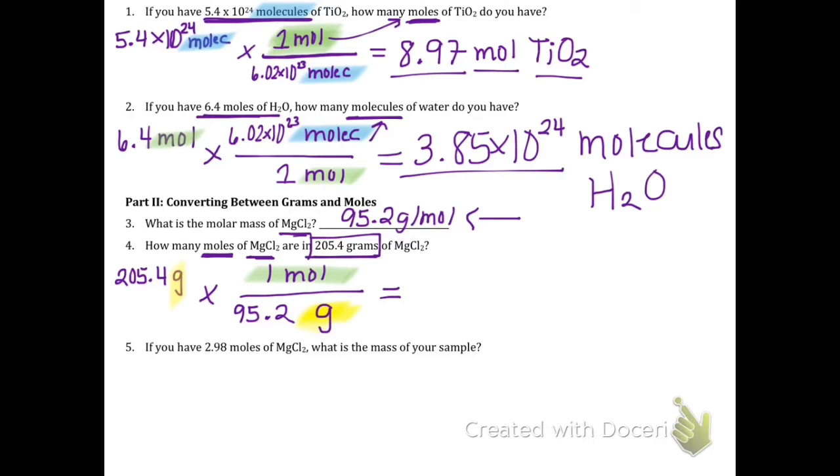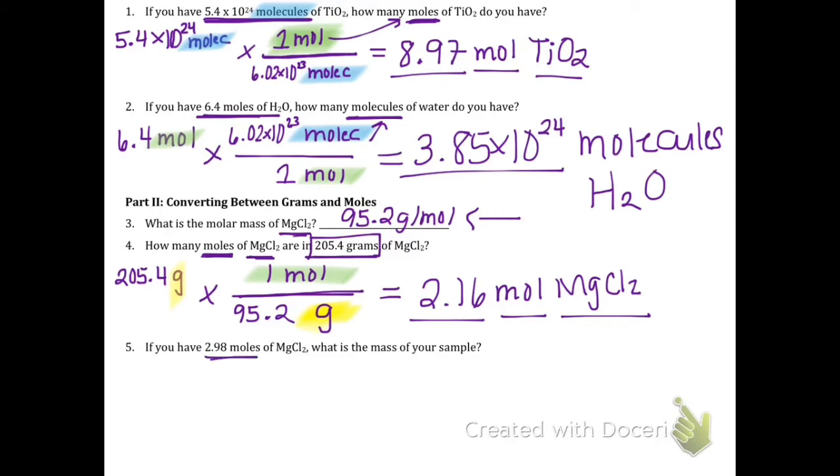So you're going to do top, and then this is divide by your bottom. If you do that on the calculator, hopefully you get 2.16 moles of magnesium chloride. Number, unit, substance. Okay, I would try the next one on your own if you want, or you can follow along with me. You can check your answer.